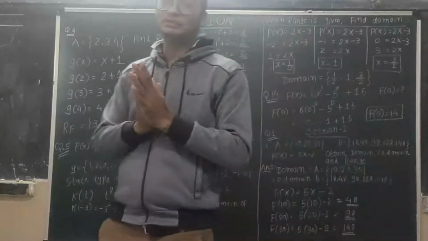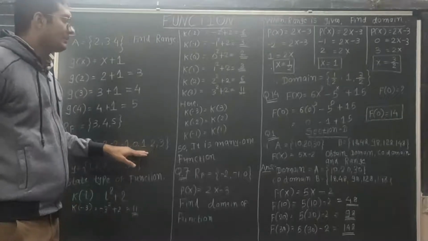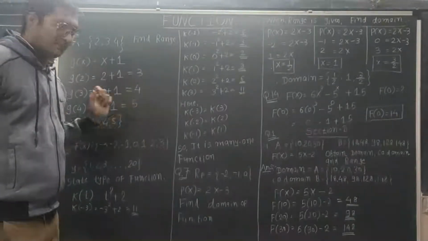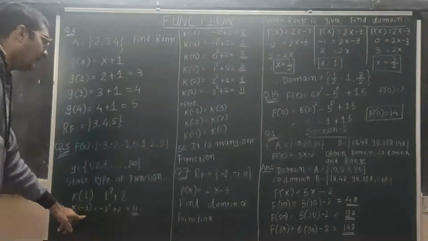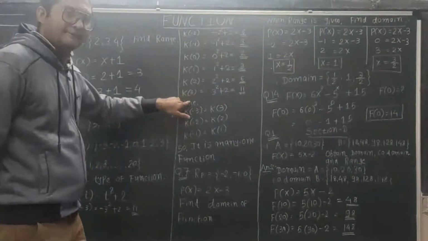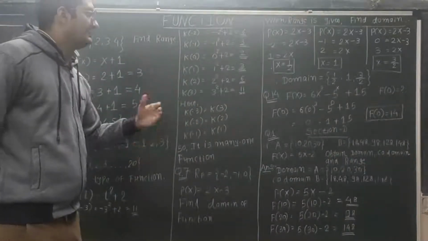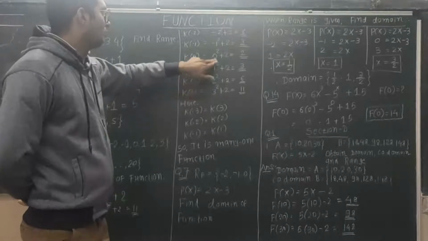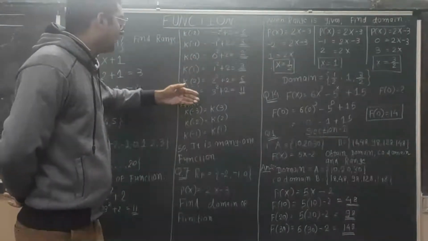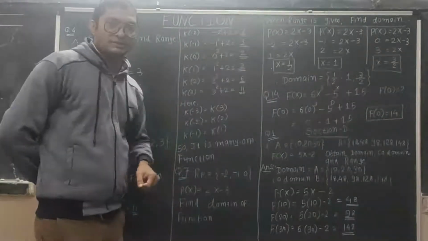So how many values are repeated and for which elements? Comparing, 11 matches for the values of k of -3 and k of 3. So k of -3 is equal to k of 3. In the same way, k of -2 and k of 2, and k of -1 and k of 1.